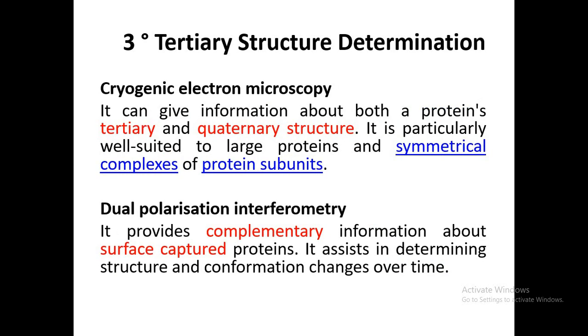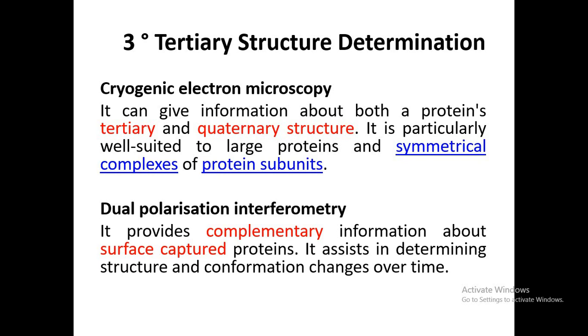Now we have another technique to find out the 3D structure of a protein, cryogenic electron microscopy, and this technique provides us both the quaternary and tertiary structure of the protein.